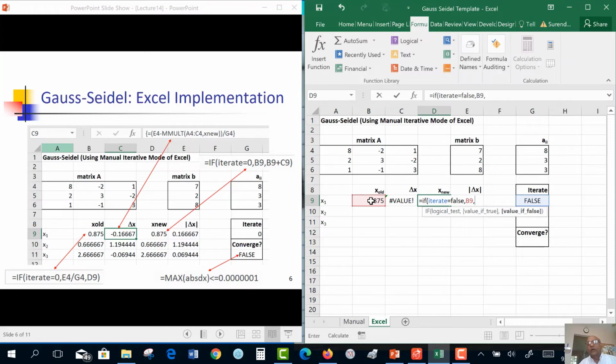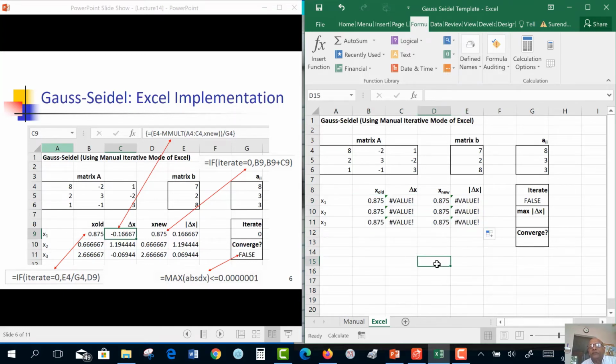Otherwise, it'll be whatever X old is plus delta X. This is the absolute of delta X. Of course, I have all these errors because my X new is not completely defined. So I'm going to take all these and copy them down, and I will get these values.